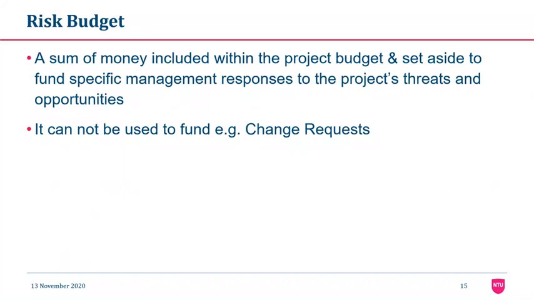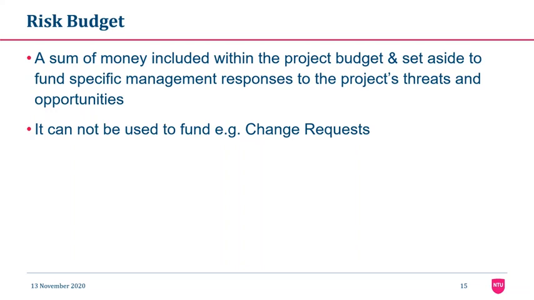It is always good practice to put aside a risk budget, an amount of money to control risks if they happen. It is a sum of money that is put aside just to deal with specific responses to threats or opportunities, and it cannot be used for anything else. So you cannot use it for implementing changes in the project or any other things to do with the project.